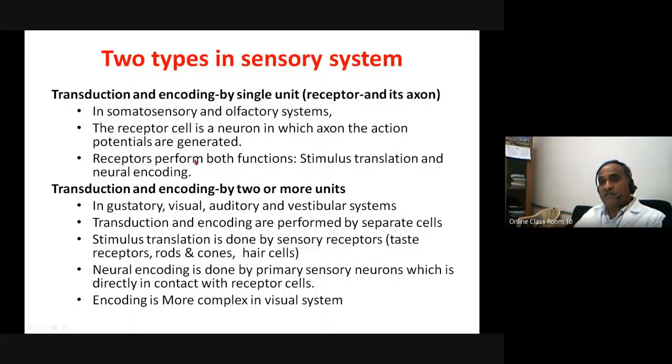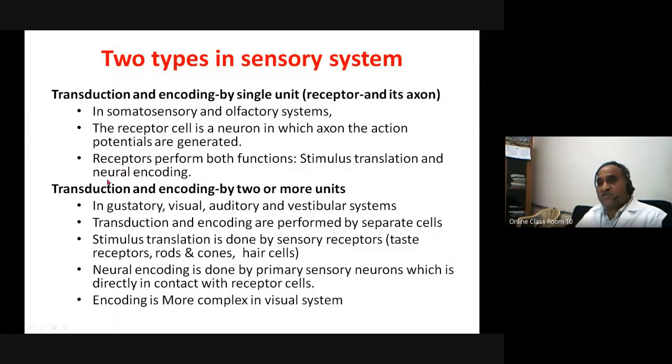The receptors in this series perform two functions. One, stimulus translation, that is the transduction of the stimulus to electrical, and then encoding of the information. These are the two things the receptor does here.